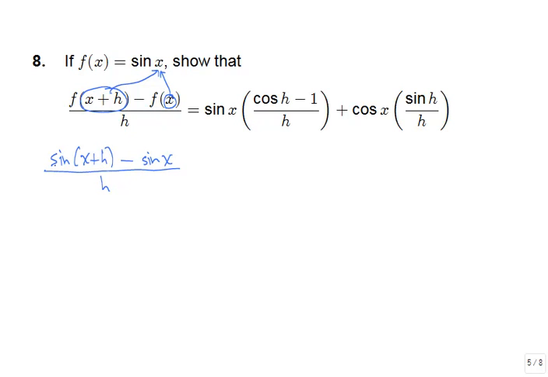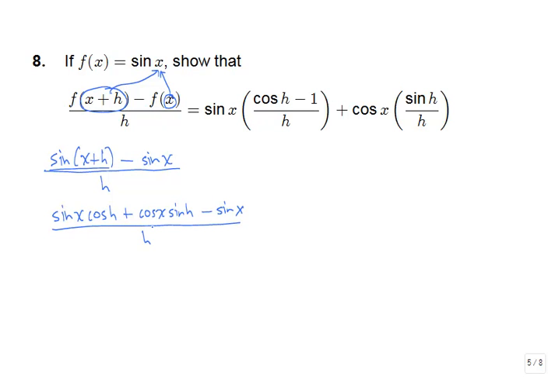We can simplify it a little bit because this piece right here is a sum for sine, a sum of two angles. So we can use that sum formula, and this becomes sine of the first angle, cosine of the second, plus cosine of the first, sine of the second. And I still have that minus sine x on the side as well.